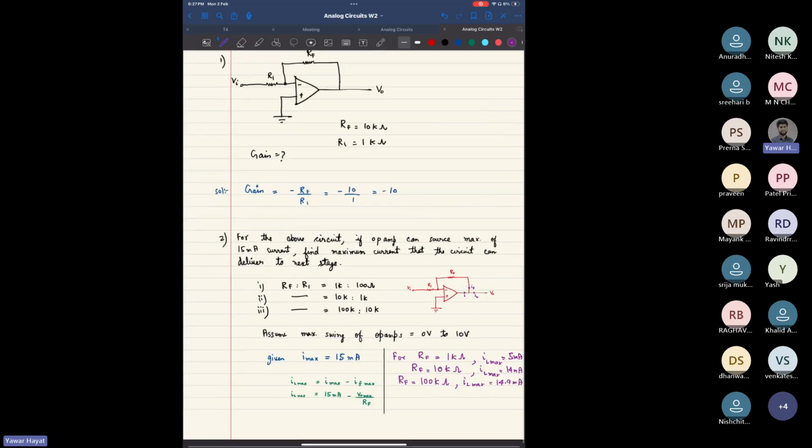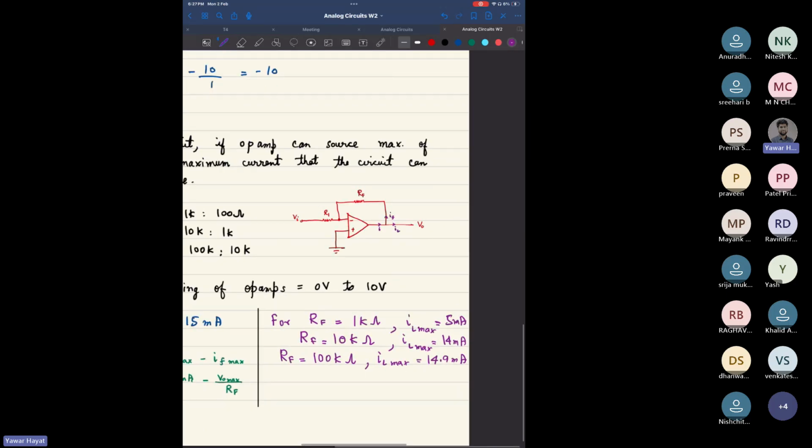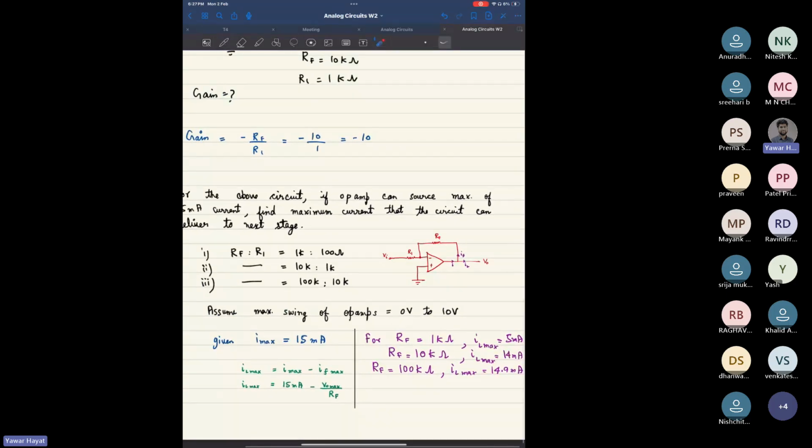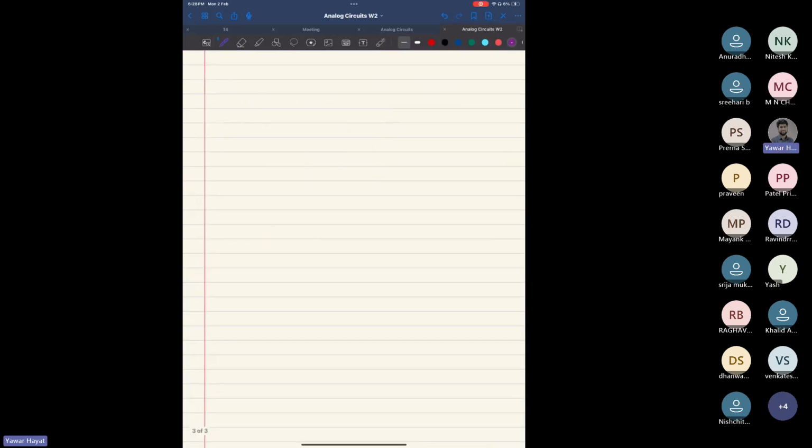And now if you take the ratios, if your RF to R1 ratio is 1/10, I mean the current values that you'll get. Is this clear how I wrote this? I used this equation. That's it. Okay, thank you.